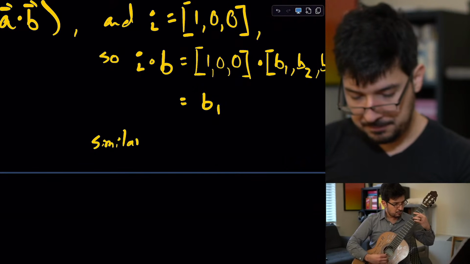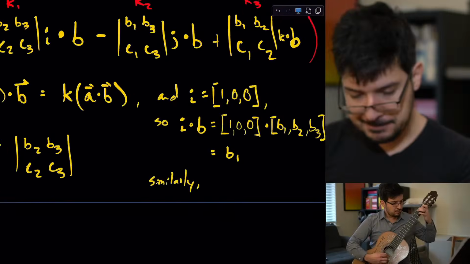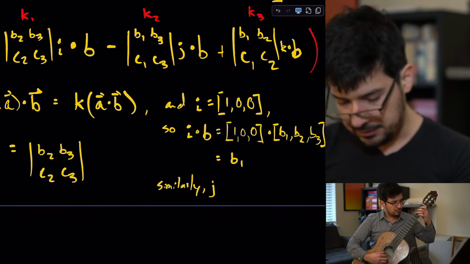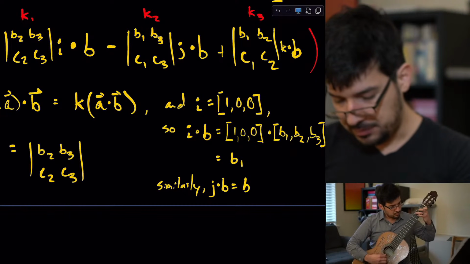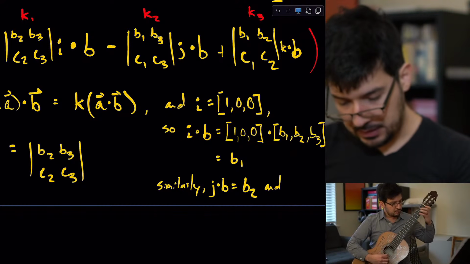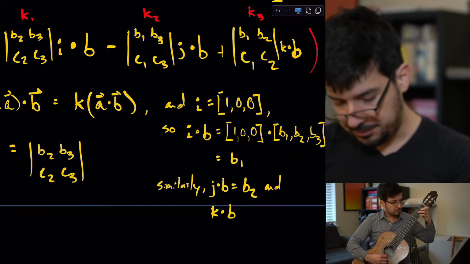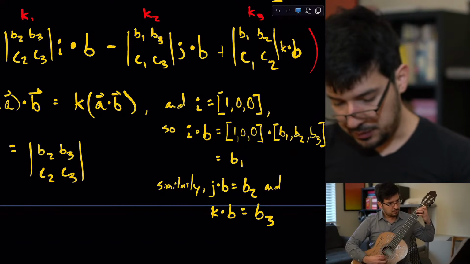Similarly, J dot B is going to be B2, and K dot B is going to be the third component.